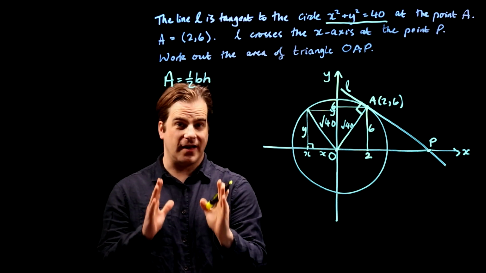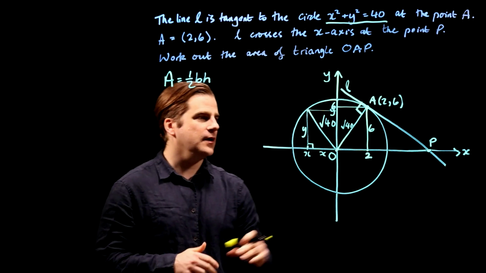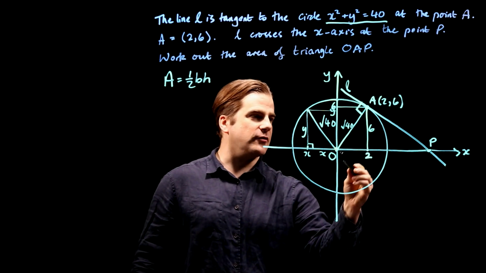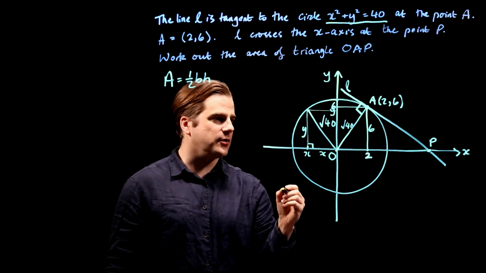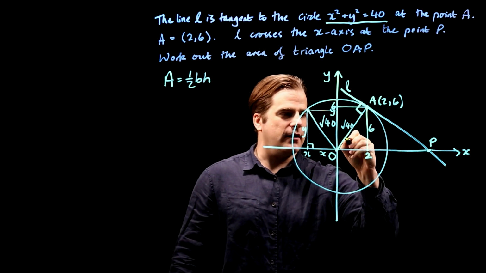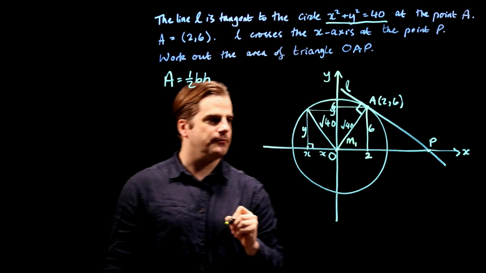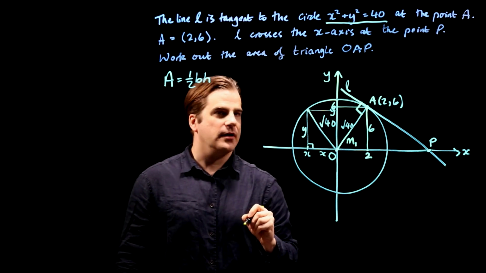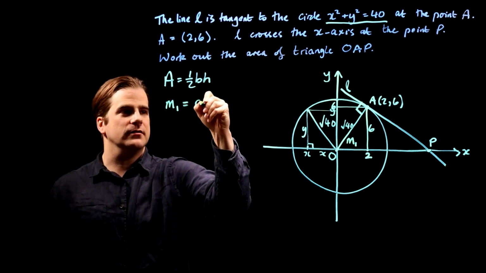So that's our route to the answer. So let's do it. We're going to start off by working out the gradient of this line here. M is usually used for gradient. We're going to call it M1. Now, M1 is just rise over run.